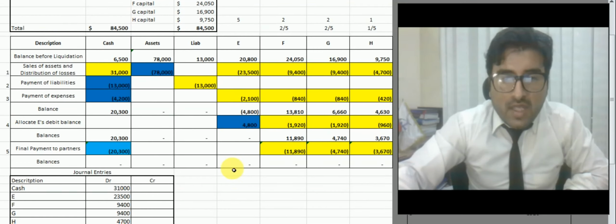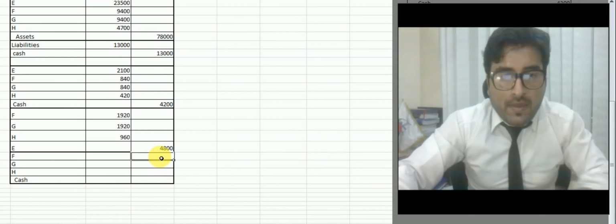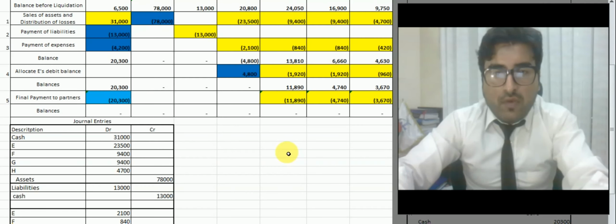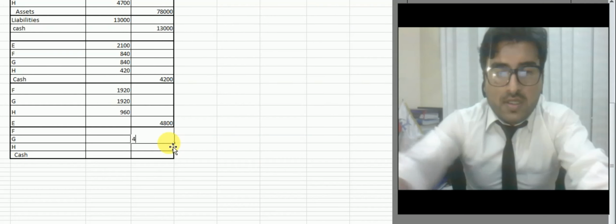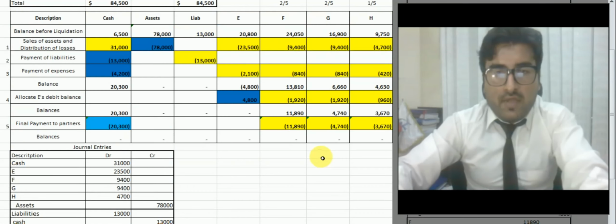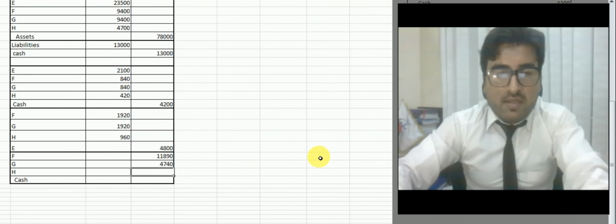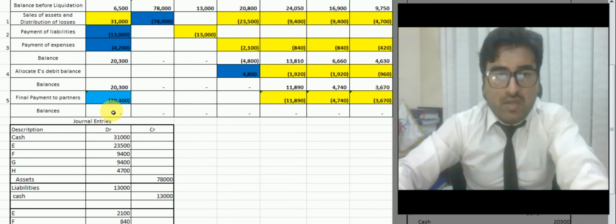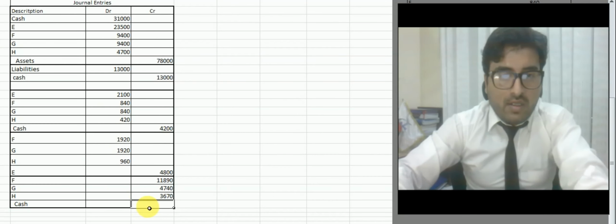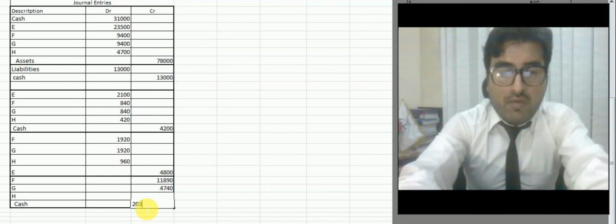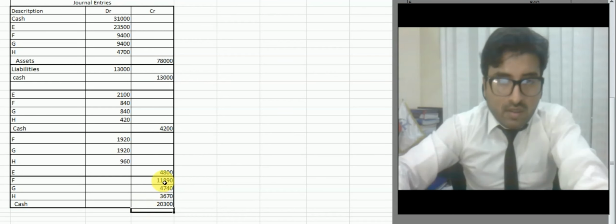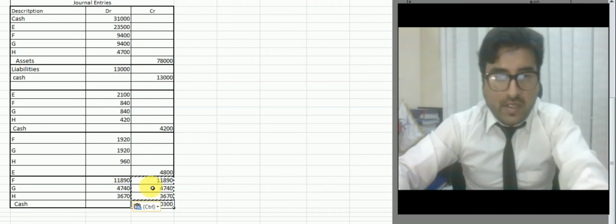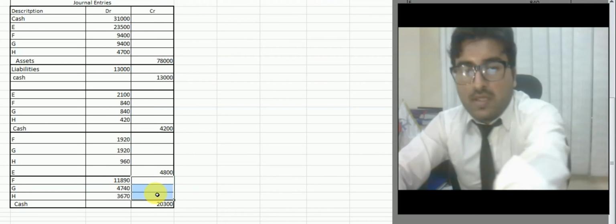So 11,890, this is F, and how much is 4,740, and then we have H 3,670, and finally how much is cash credited? 2,300. Okay, 2,300. You see the mistake? Okay, the value, copy and paste it here, then the debit. Okay, so these are credit.